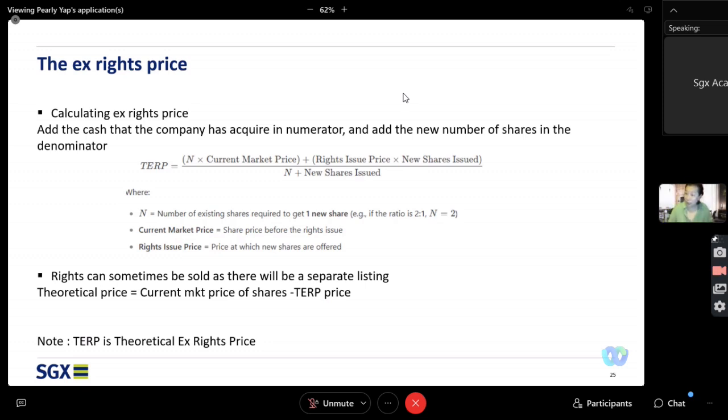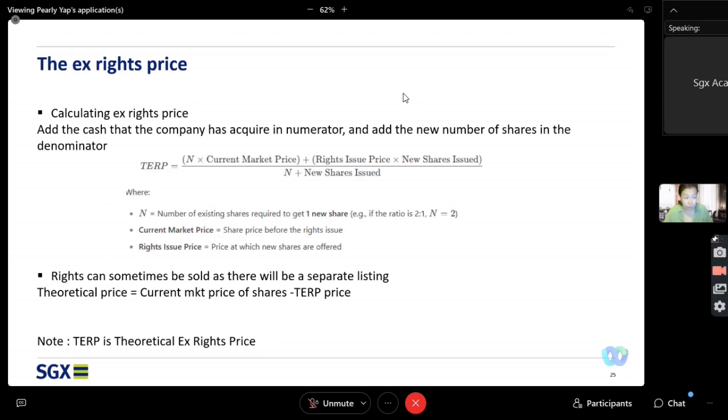But the number of shares has also increased, right? The number of shares from 100 million, say the rights issue is to subscribe for 10 million shares, 100 million becomes 110 million. So that's why in the formula, you can see on the denominator, N, which is the existing number of shares plus the new share issue. That is the new number of shares.